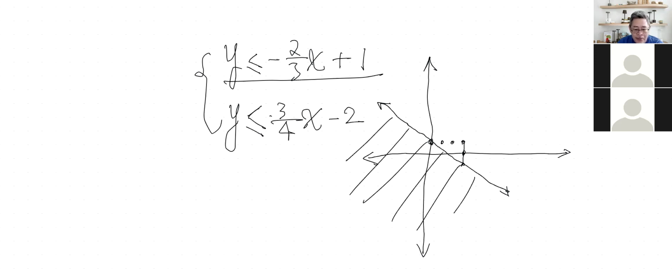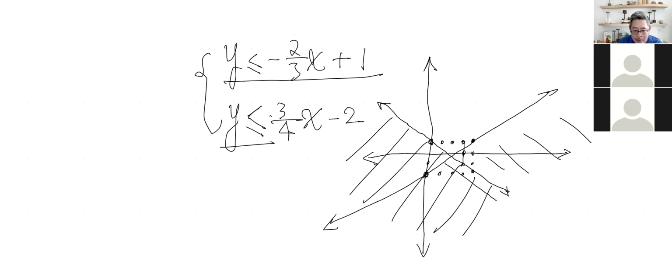Then we got this other line, with y-intercept at negative 2, and our run is 4: 1, 2, 3, 4. Then rise is 3, go down by 3: 1, 2, and 3, over here. So the line is going like that, and anything below that. So our overlap will be this part. That's our overlap.